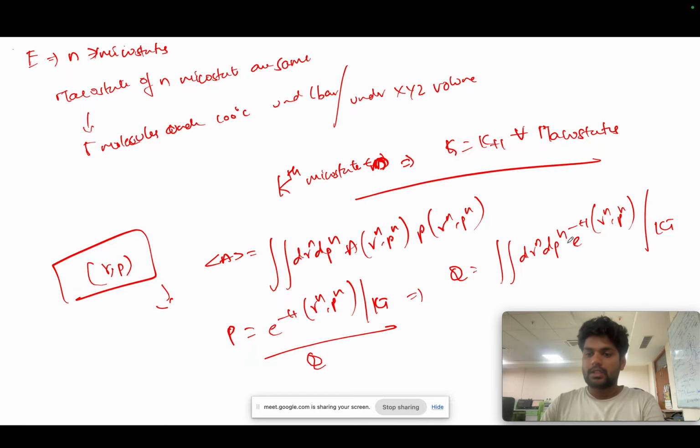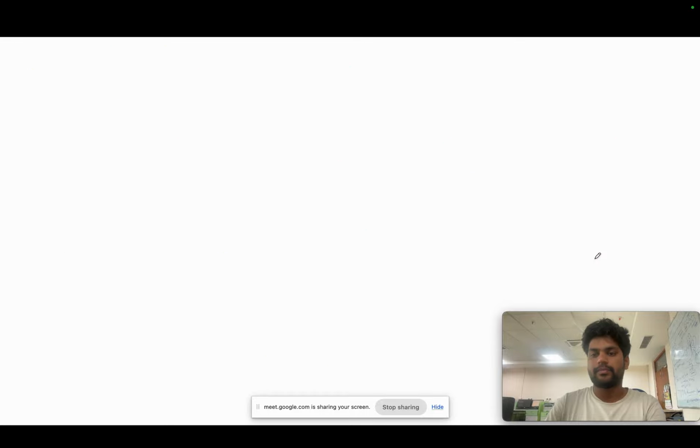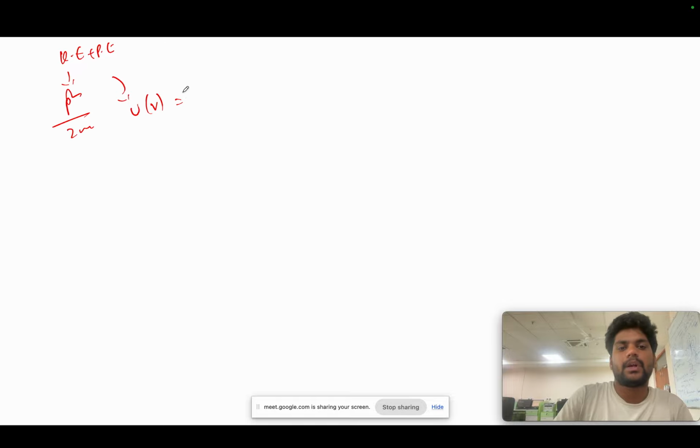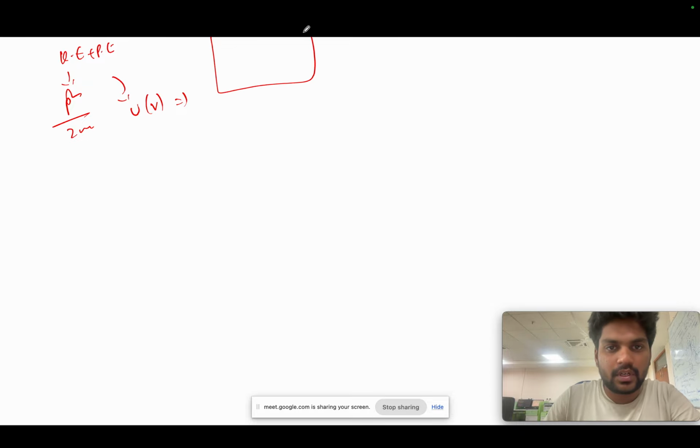Now this term is nothing but the energy. We know that energy consists of kinetic energy and potential energy. For kinetic energy, we got p square by 2m. For the potential energy, initially we thought that if you have the system, the molecules will have surroundings interaction.